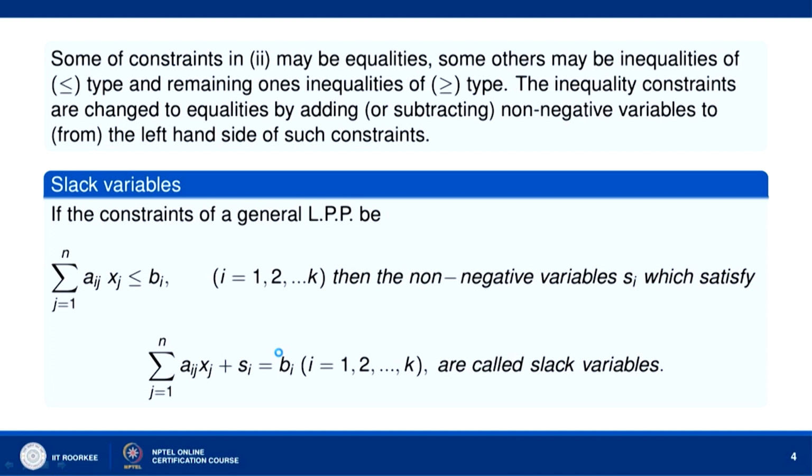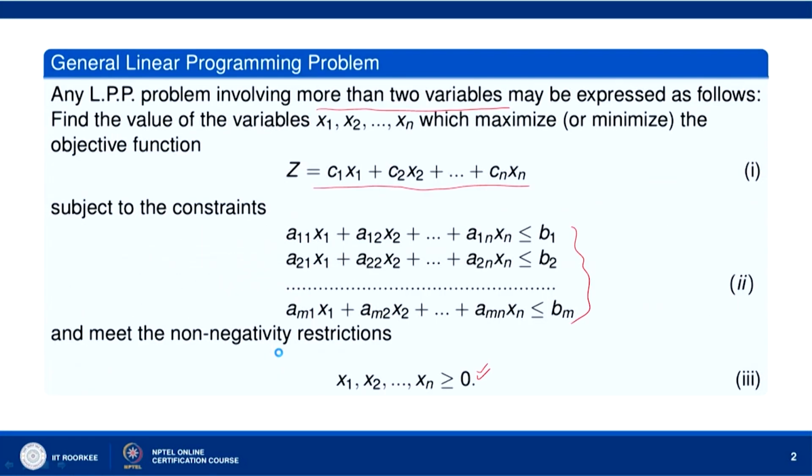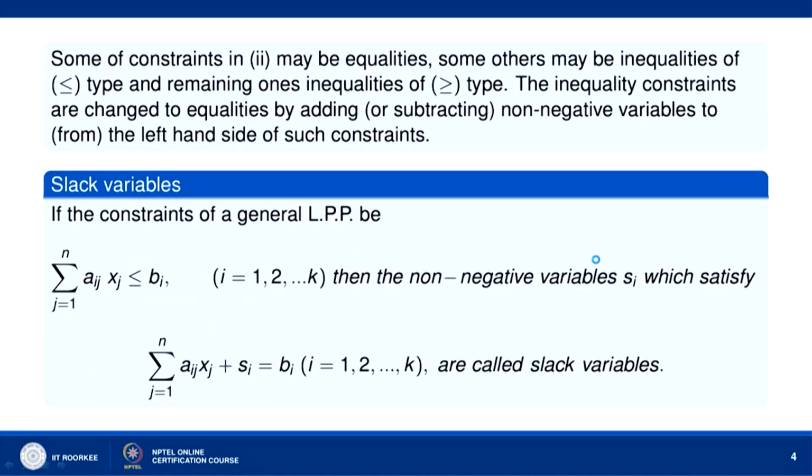Some of the constraints in equation 2 may be equalities, some others may be inequalities of less than or equal to type, and the remaining ones inequalities of greater than or equal to type. The inequality constraints are changed into equalities by adding or subtracting non-negative variables to or from the left side of such constraints.